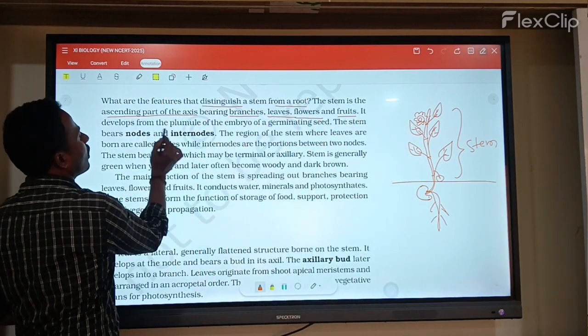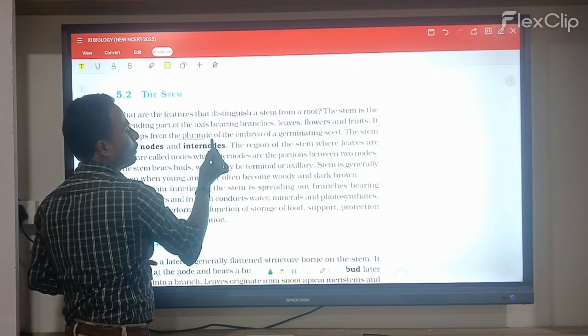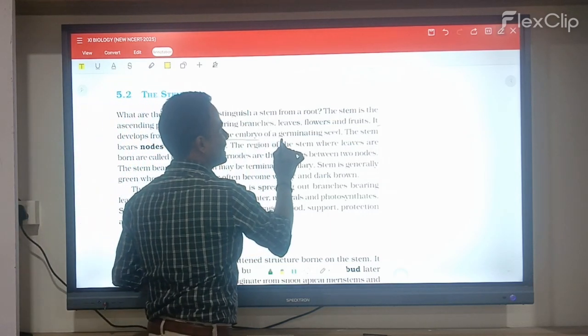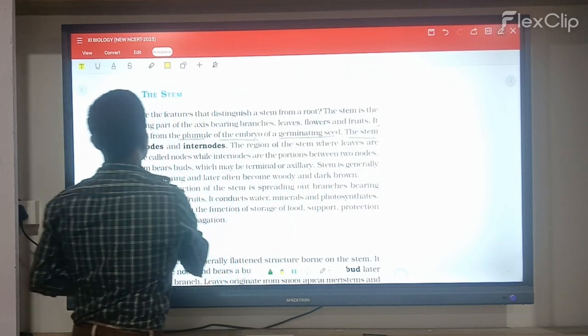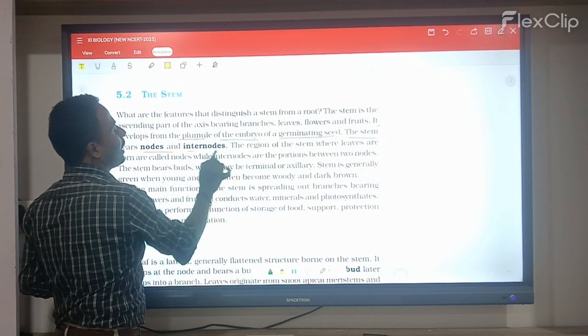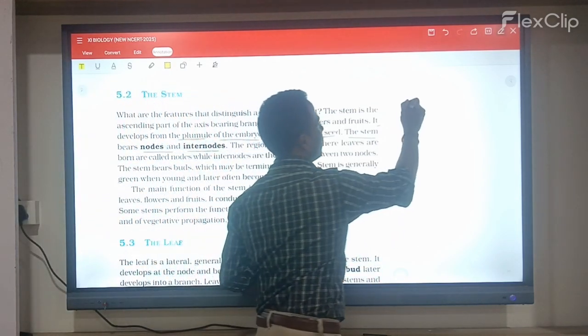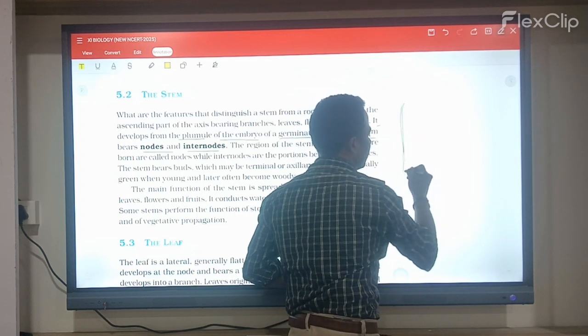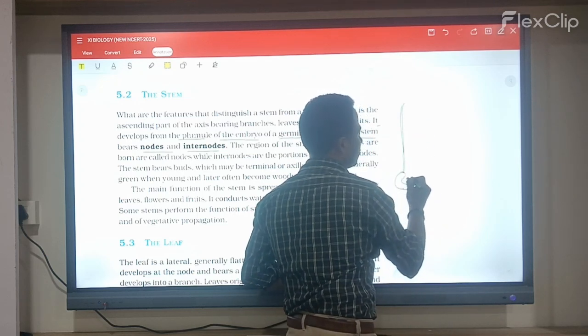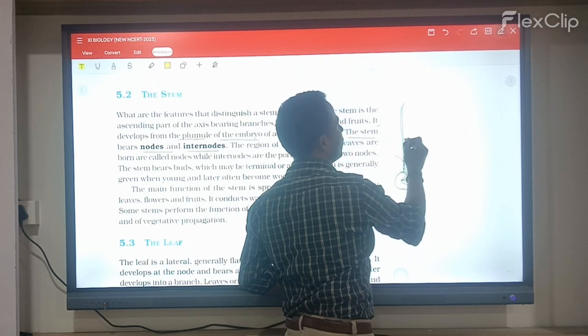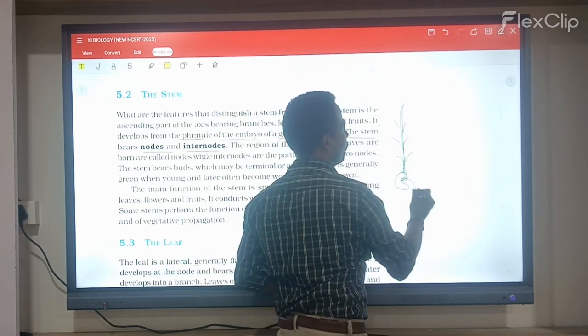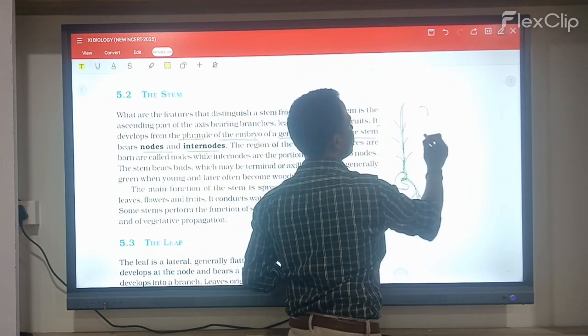Now, it develops from the plumule of the embryo in a germinating seed. The stem bears nodes and internodes. So the seed develops into a plumule, and the plumule forms the stem.